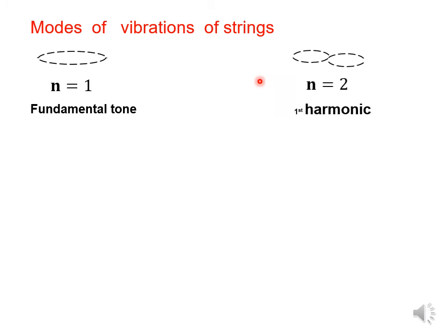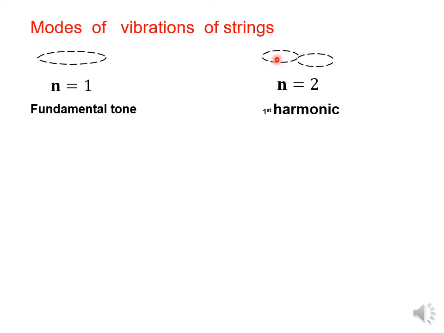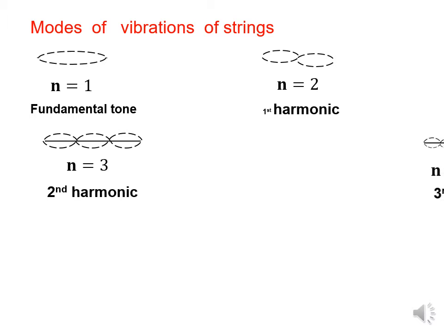If the string vibrates to produce 2 segments, n equals 2, and it produces a tone called the first harmonic. If it produces 3 segments, n equals 3, and it produces a tone called the second harmonic.